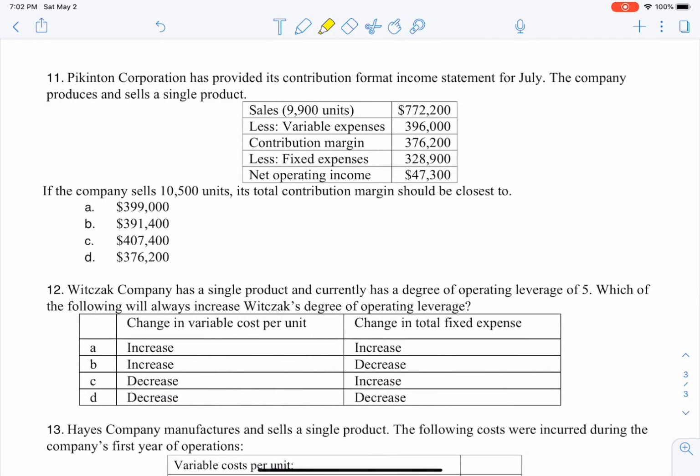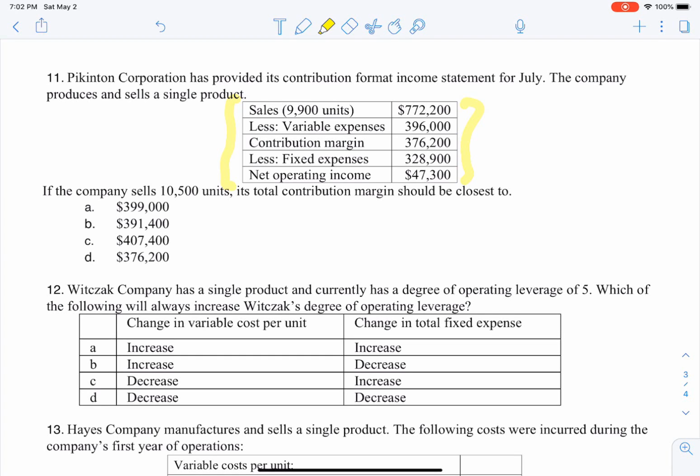Move on to our 11. So the corporation provides the contribution format income statements. The income statement is given over here. For July, the company produced and sold a single product. If the company sells 10,500 units, the total contribution margin should be.